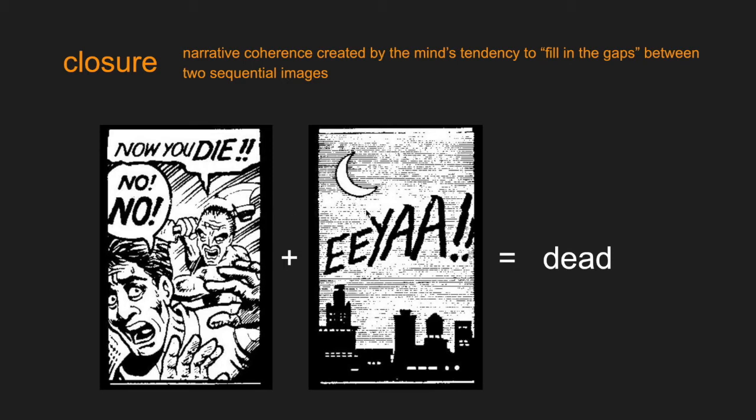It pleases our minds. It makes us feel better to understand something, right? And so we put them together and we make sense of it. And in our minds, what that means is this guy is dead. But again, it's our minds doing it. Our minds closing those two images together and reaching a kind of understanding or new knowledge from it.